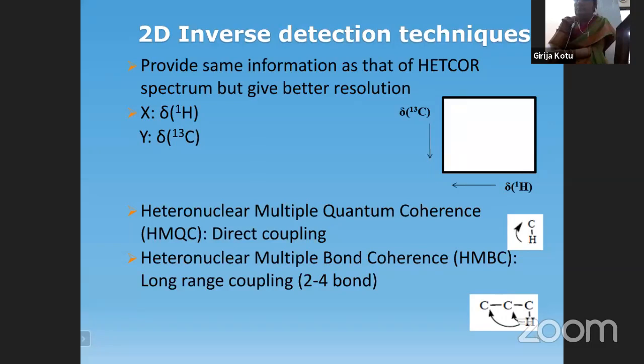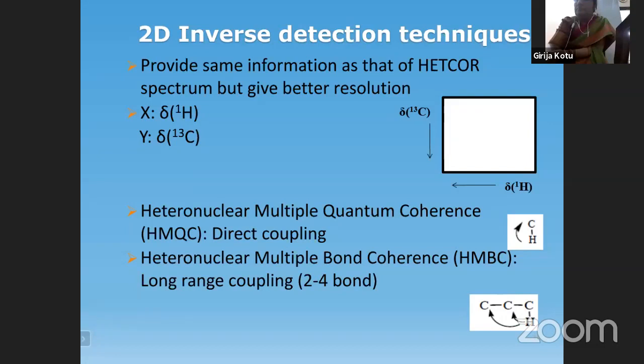Hence these techniques are called inverse, and the information you get from the inverse techniques is more reliable and more useful compared to the ordinary techniques we have seen so far, that is HETCOR. But since HETCOR was developed in the beginning, we call these techniques, which were developed later, inverse. If these techniques had been developed first, we could have called HETCOR an inverse technique.